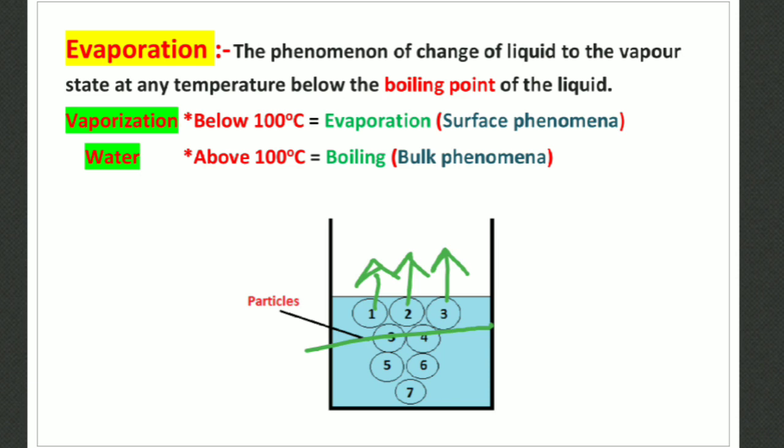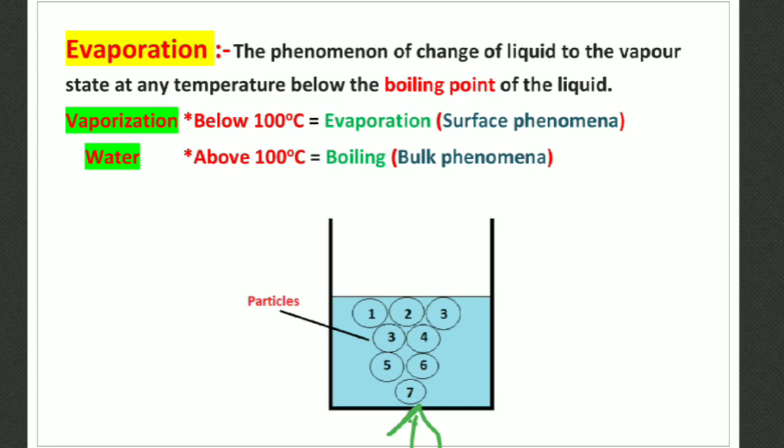Okay, because the heat we provide to the system below its boiling point will raise the kinetic energy of the 3 particles on the surface only. Why the surface only? Suppose you have a question: suppose we are providing heat from below.